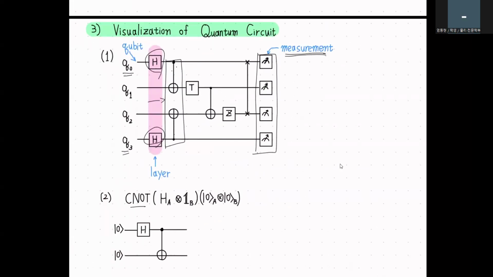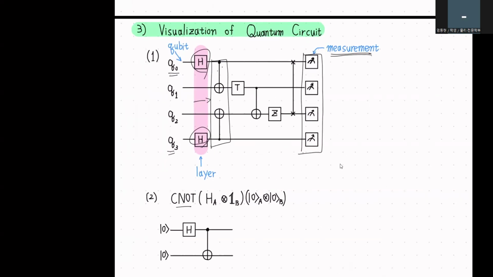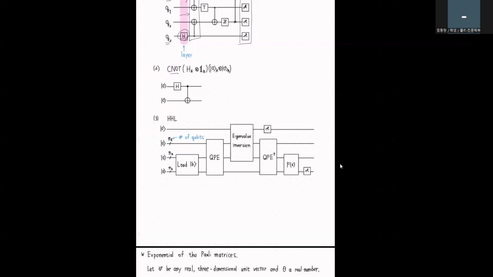So we measure, we collapse our state, and then there's usually another initialization of the state afterwards, and then we keep going on and on. That's what's called a mid-circuit measurement, which is an active field of research in quantum information theory today.